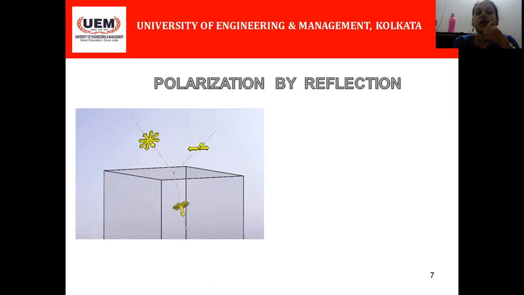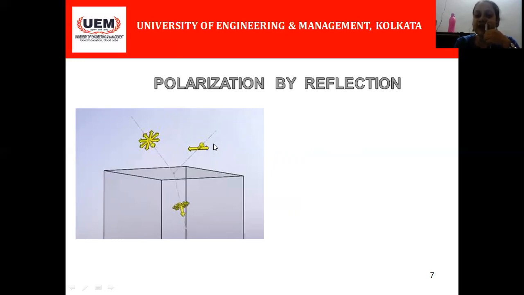What we have on screen is a kind of 3D view of the phenomena, where we see that unpolarized light is coming in and being incident on this plane. Unpolarized light, you see the light wave vectors are vibrating arbitrarily in all directions along the plane perpendicular to the direction of propagation of light. That unpolarized light is incident on this plane.